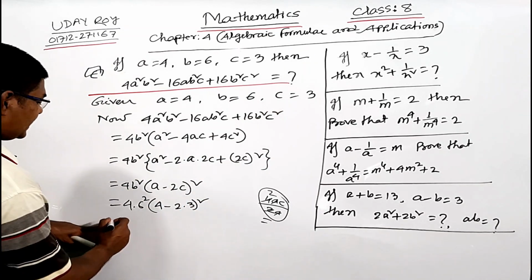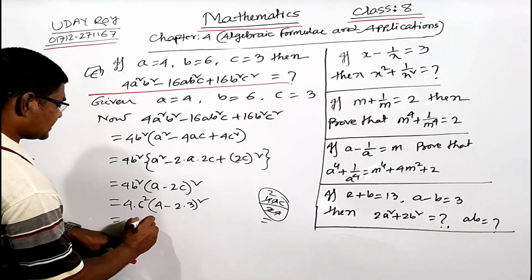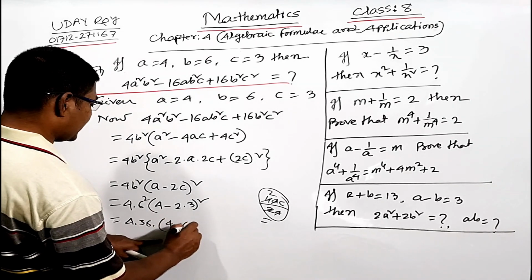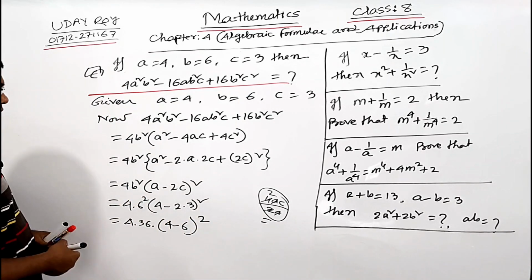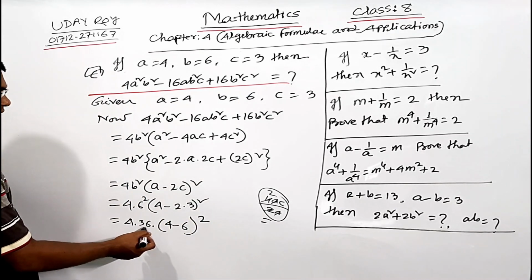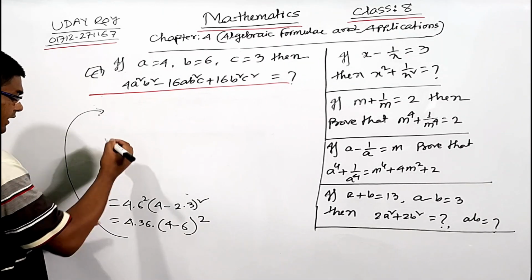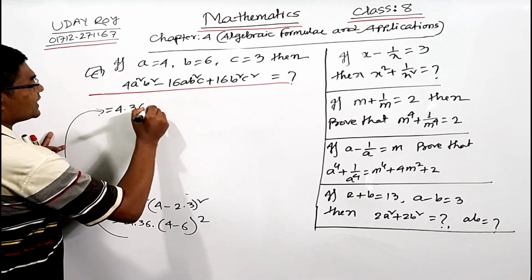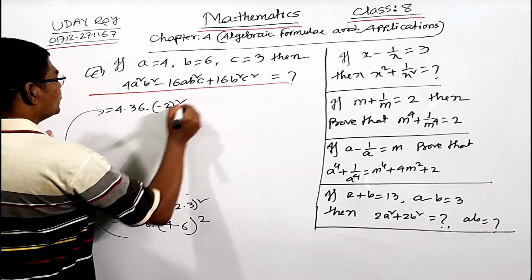So we will get 4 into 6 square, that means 36, and here 4 minus 6 whole square. So we will get 4 into 36 into 4 minus 6 whole square. Now we will write 4 into 36. 4 minus 6 we get here minus 2 whole square.